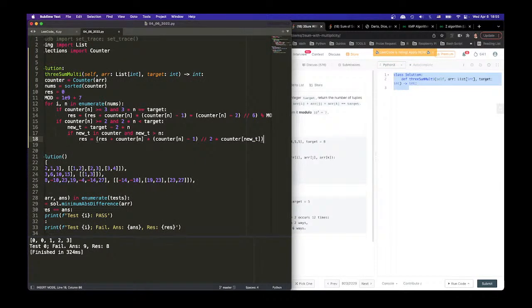Okay, so that's the second one. Yeah, it has to be larger than n, right?